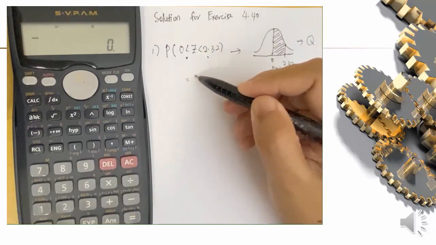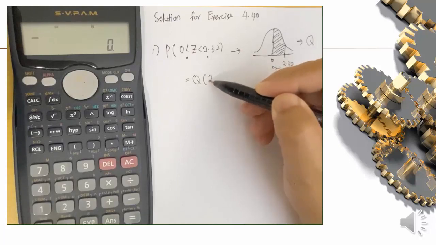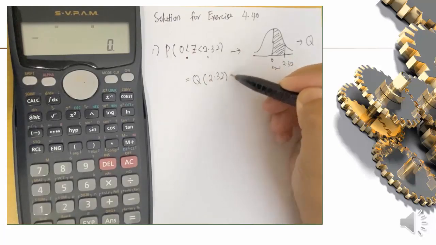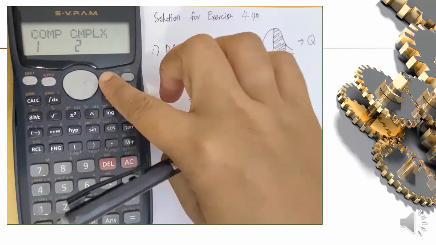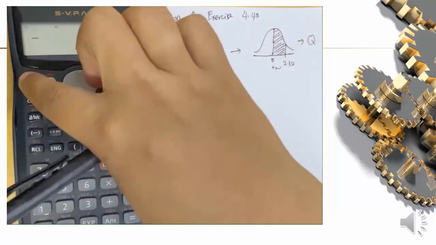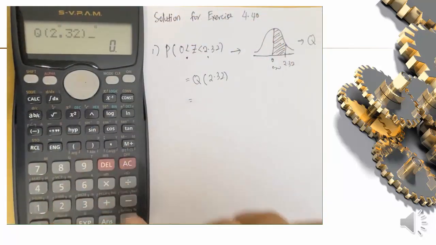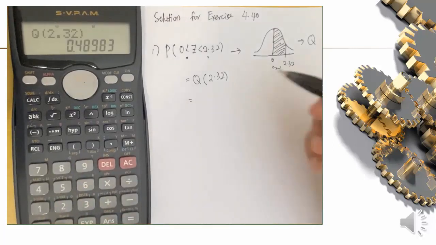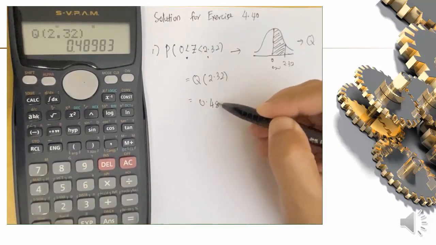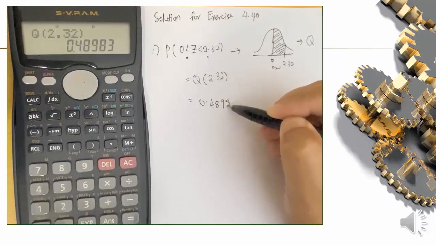So equals to Q 2.32. Shift number 3, number 2, 2.32, equal, 0.4898.